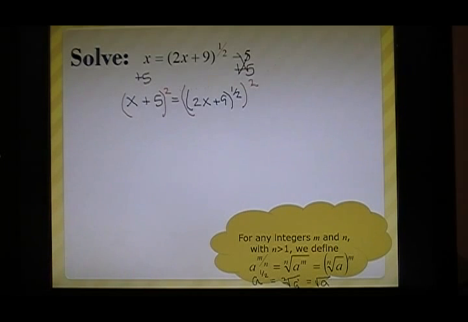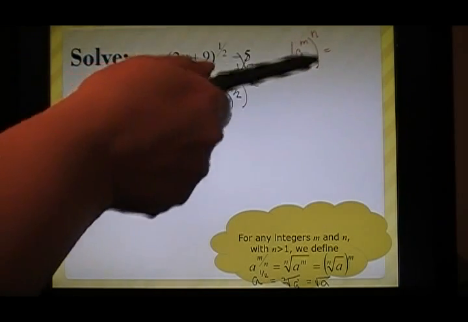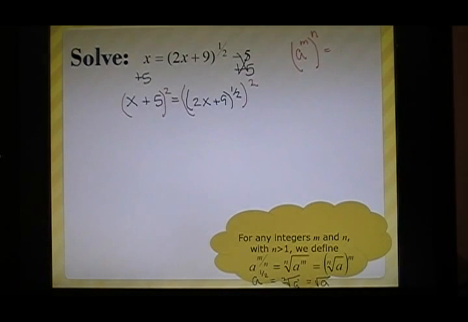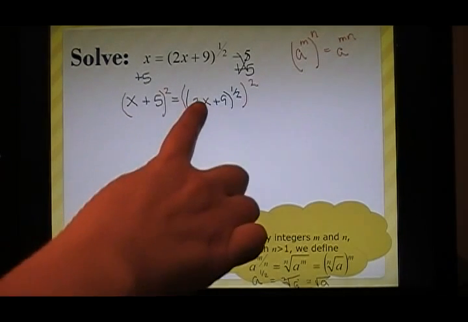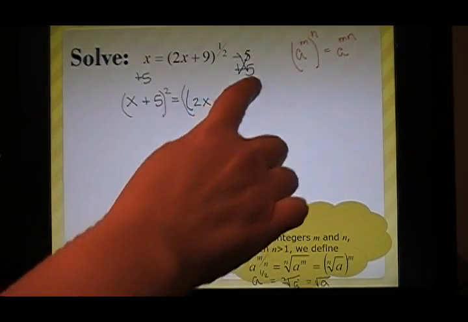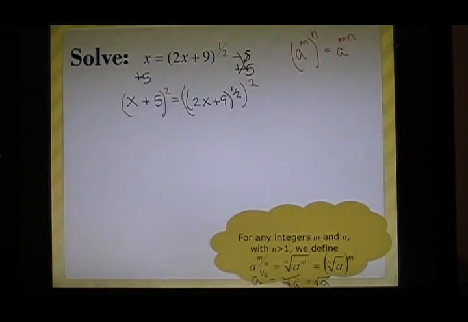If you go back to what you learned way back when, if you have an exponential expression raised to another power, to simplify you multiply those two powers together. So 2x plus 9 to the 1/2 squared, I can simplify by multiplying those exponents together.